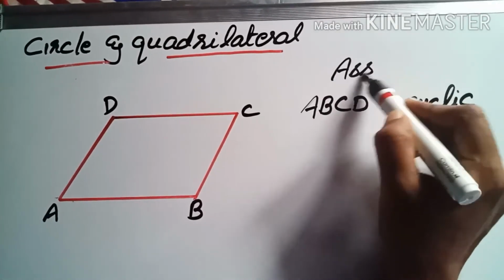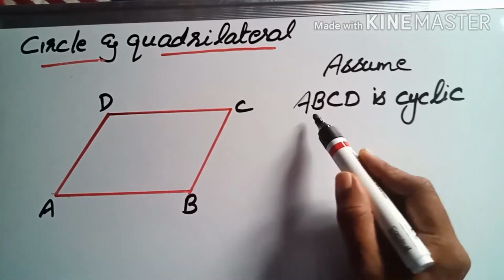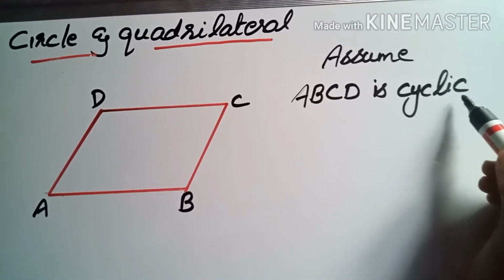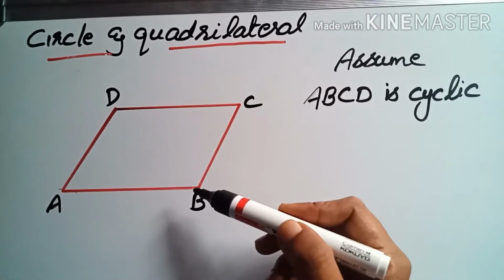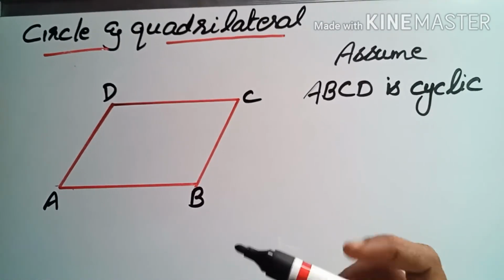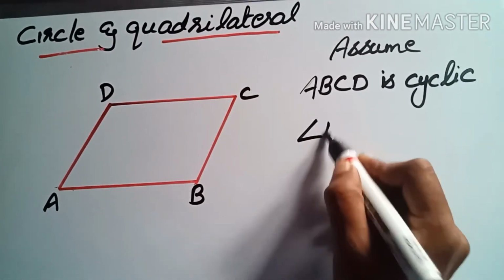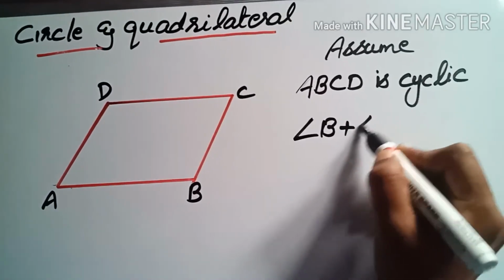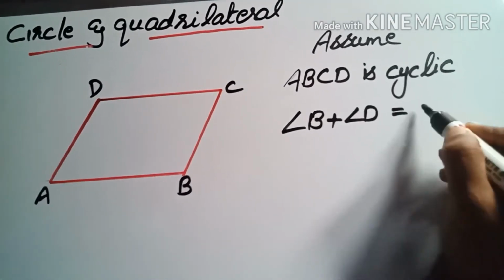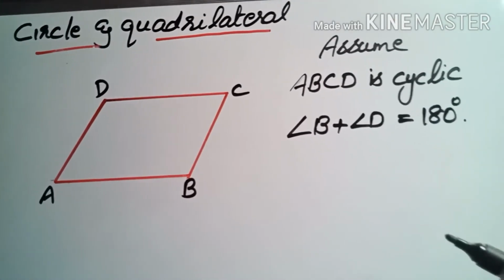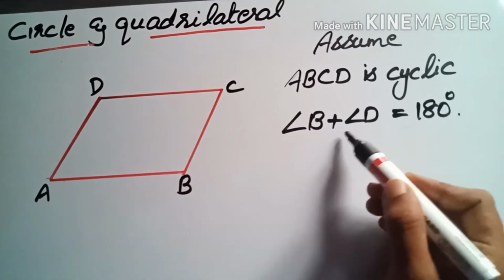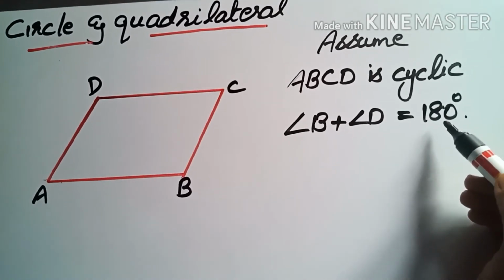Now, if it is a cyclic quadrilateral, we know its opposite angles will be supplementary. That means angle B plus angle D equal to what? 180 degrees. Opposite angles will be supplementary, and angle B plus angle D is 180 degrees here.